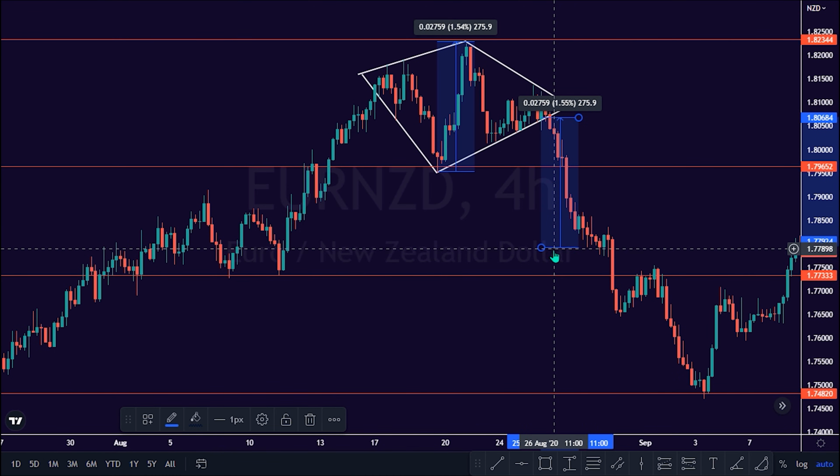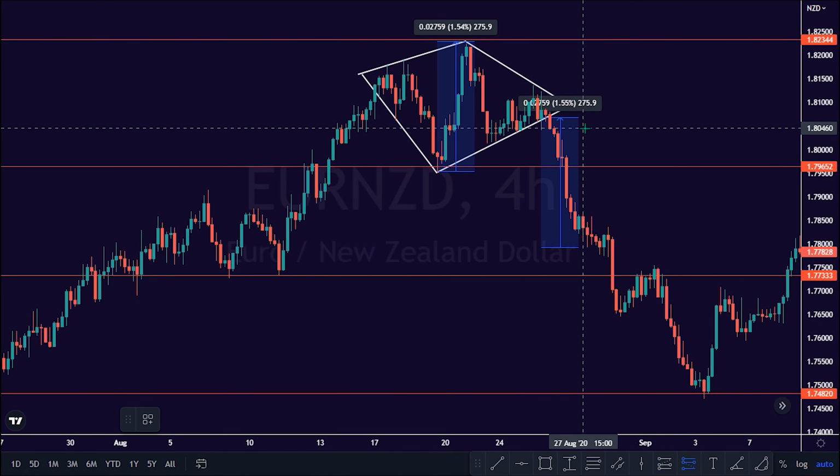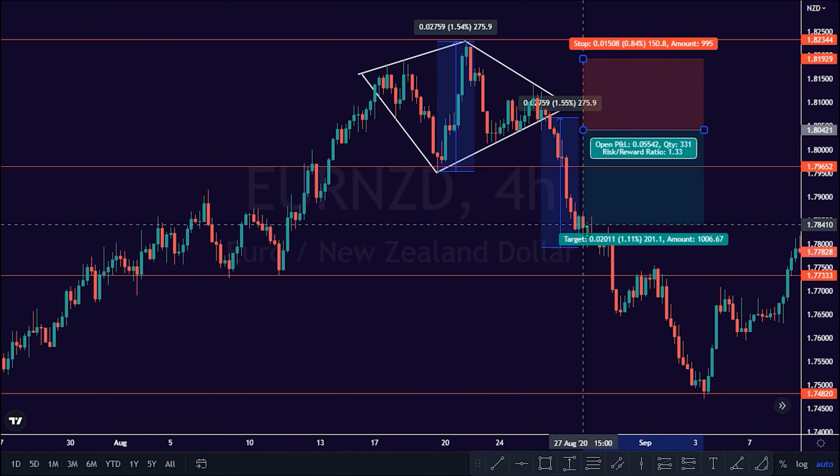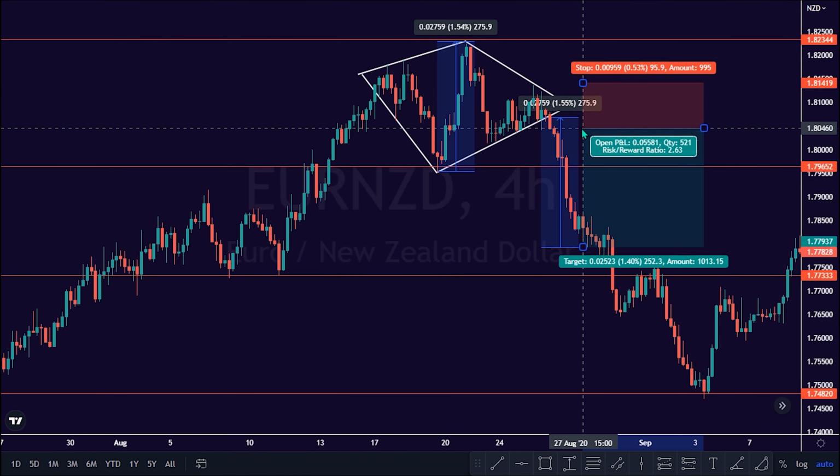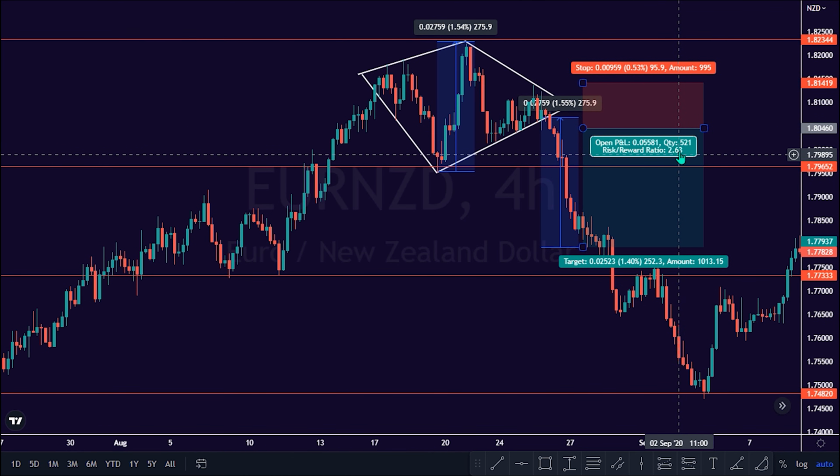If you applied the measurement objective target, you could have targeted the support level at $1.77. The measurement objective target based on an instant sell entry from the bearish price breakout is 2.6 risk to reward ratio.